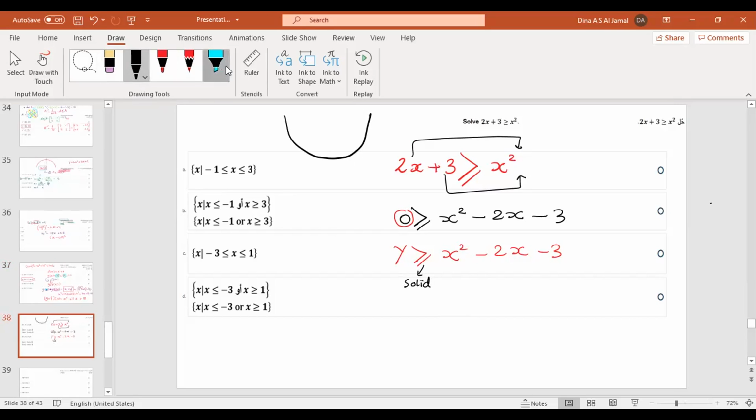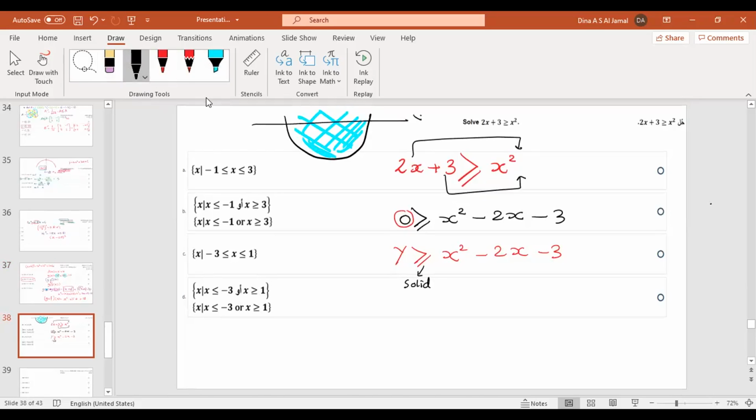And I know that the coloring or the shaded area should be above. But now I'm not only graphing, I would like to find the intersection with the x-axis. That's why I need to solve this, and I put 0 here.